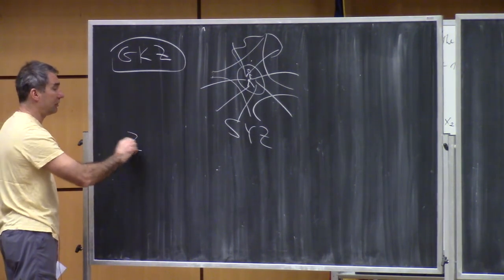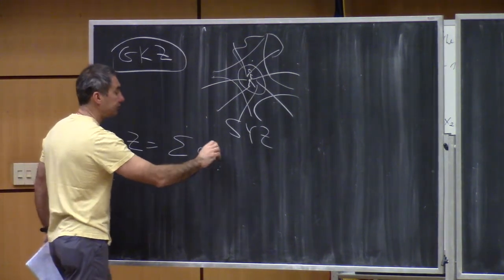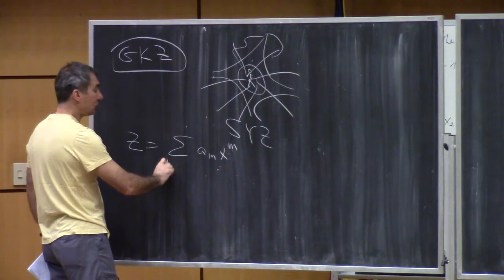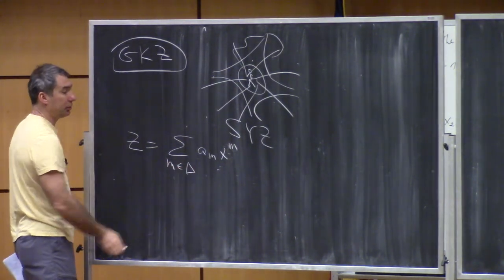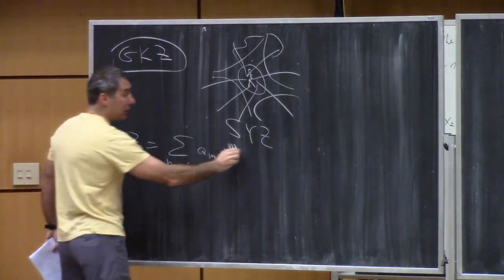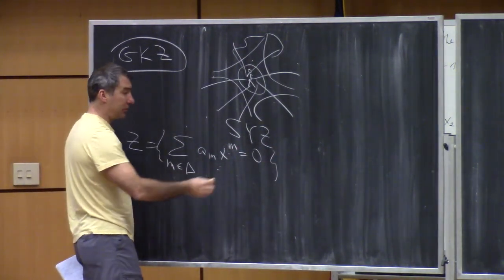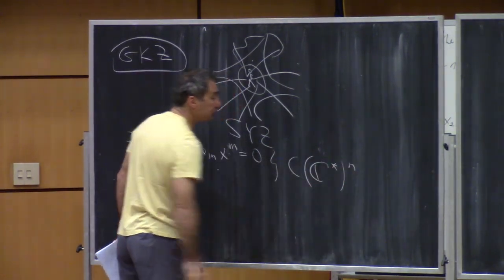If you have a hypersurface Z given by an equation, the sum of a_m z^m, where m is in the lattice points of some polytope, equals 0. Think of this as an affine hypersurface in (C*)^n.